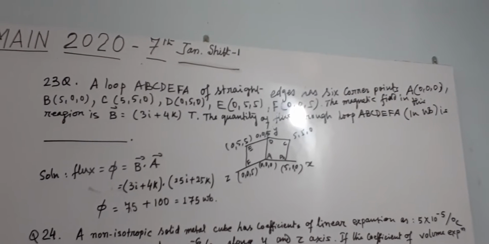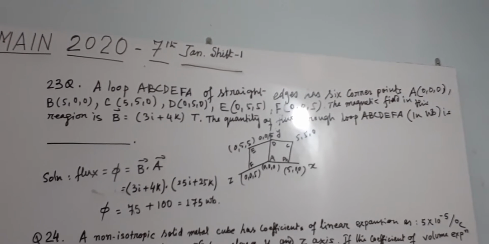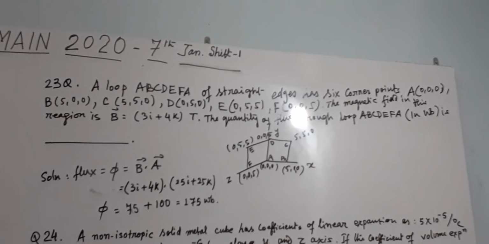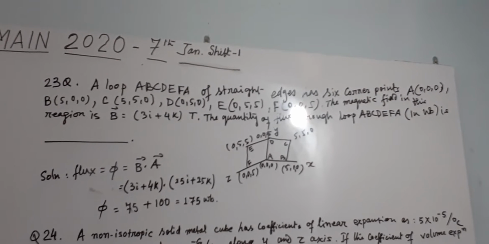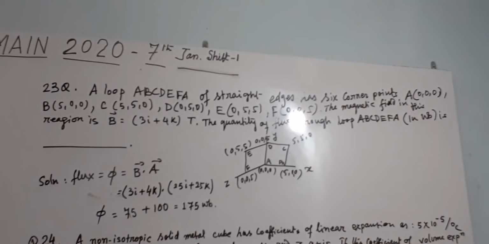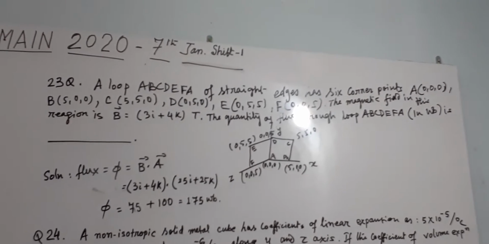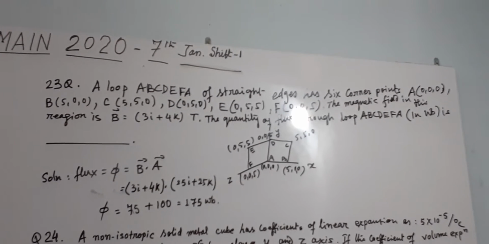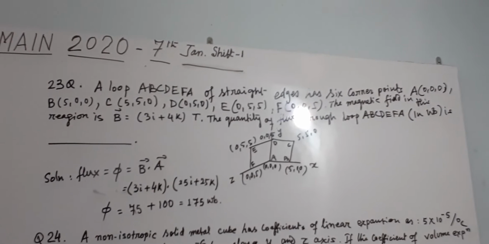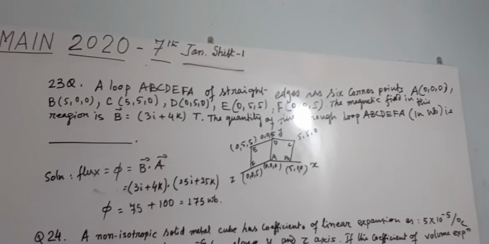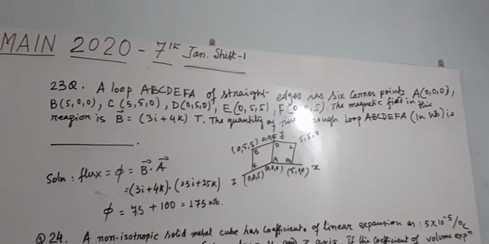The magnetic field in this region is B equal to 3i plus 4k Tesla. The quantity of flux through the loop ABCDEFA in Weber is to be filled in the blank.